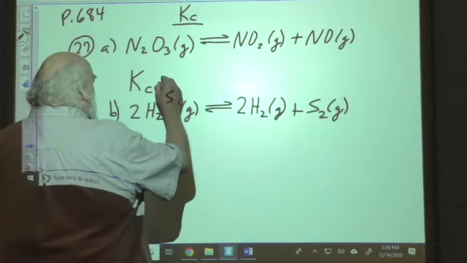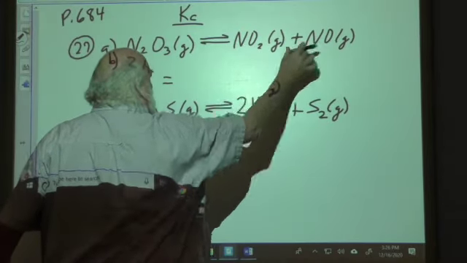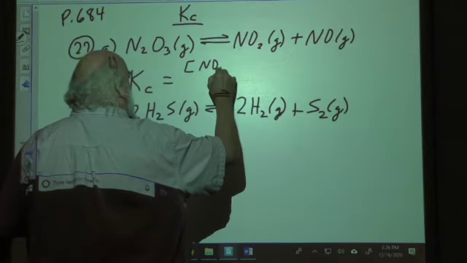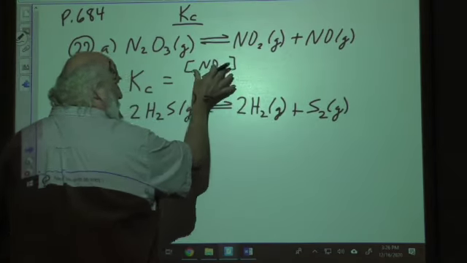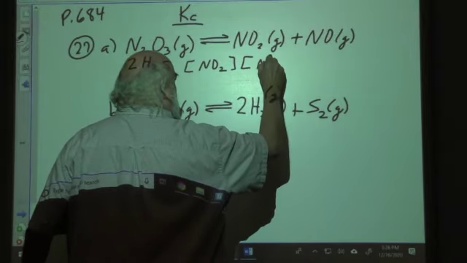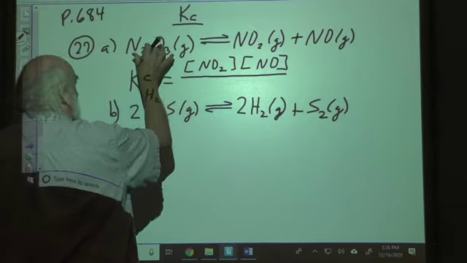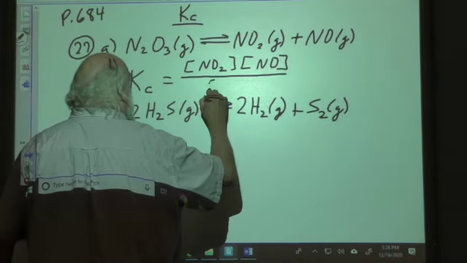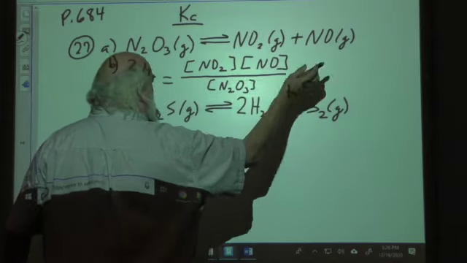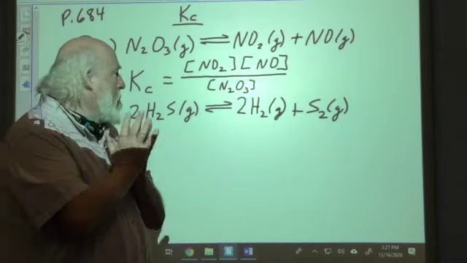So, if you look at that, this is the concentration of NO2, those brackets mean concentration, times the concentration of NO, divided by, now you put this in your denominator, concentration of N2O3. And that's going to equal some value, and we're going to talk about that in the next video or lesson.